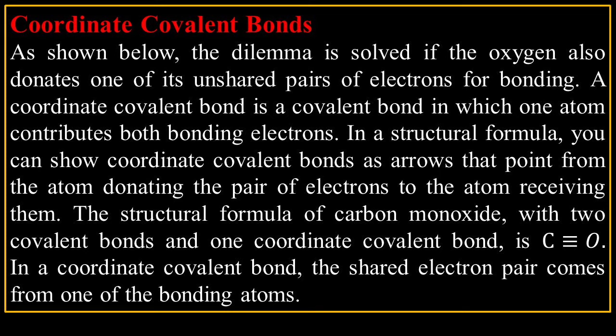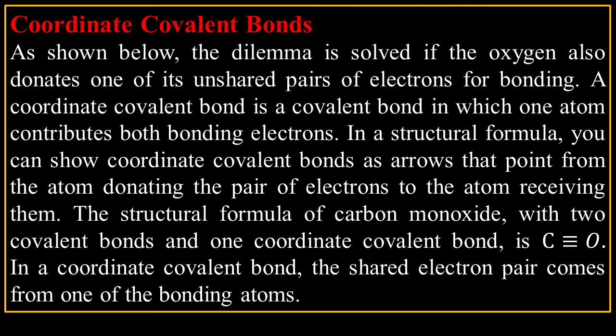A coordinate covalent bond is a covalent bond in which one atom contributes both bonding electrons. In a structural formula, you can show coordinate covalent bonds as arrows that point from the atom donating the pair of electrons to the atom receiving them.